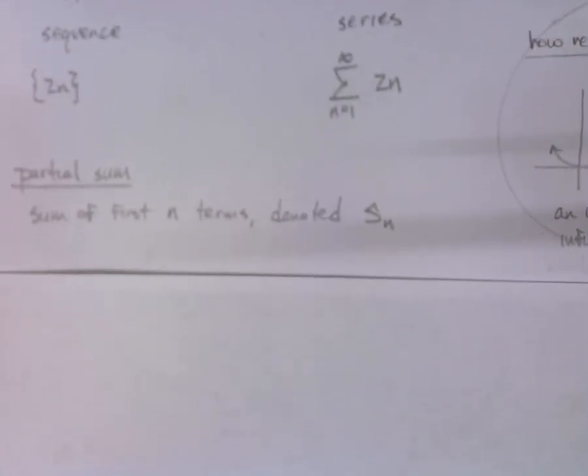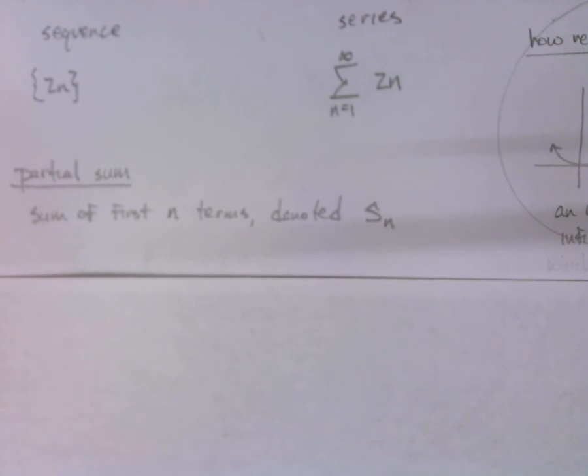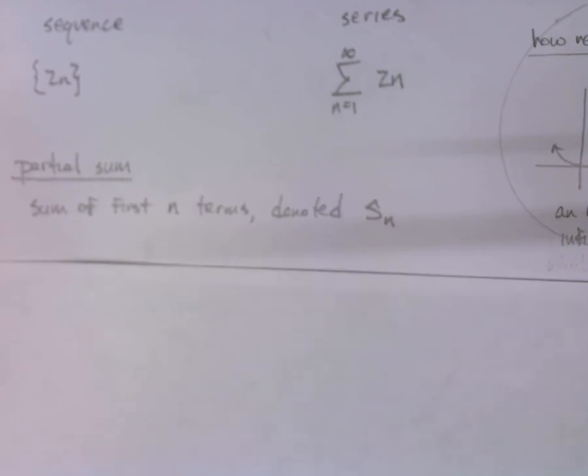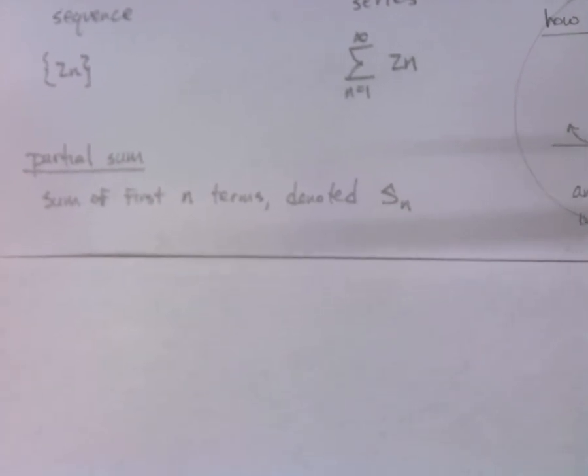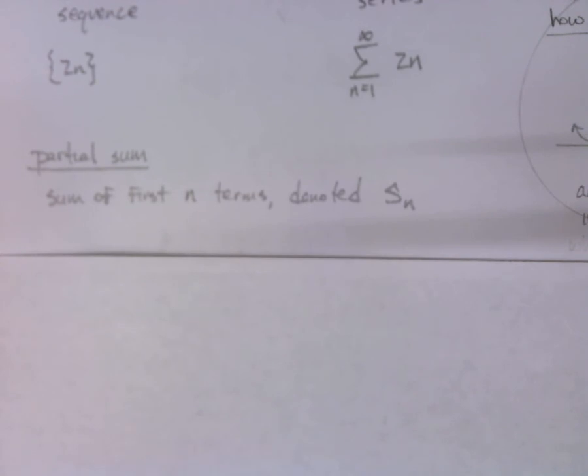We can't start with infinitely many. We're going to start with a partial sum, the sum of the first n terms, and we're going to denote that S sub n. Sometimes you see it as capital S, sometimes lowercase s. In any case, S for sum, S sub n. I'm going to use capital S.